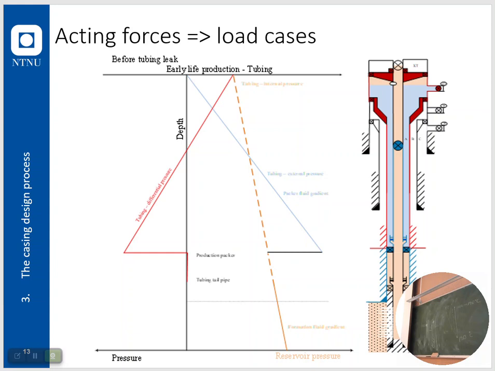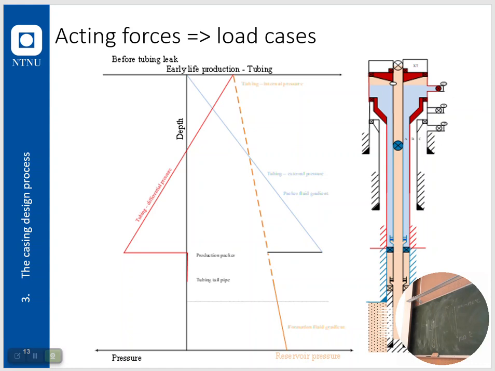It's a little bit poorly written. You guys can't see this. Yeah, it's the packer fluid inside and in the annulus, and it's the differential pressure it's trying to say here. And in the tailpipe, it will be zero.